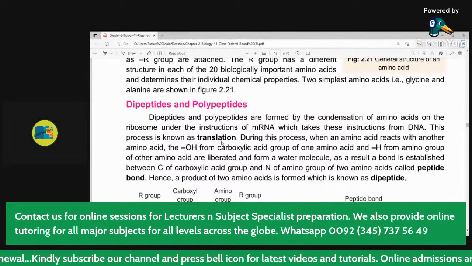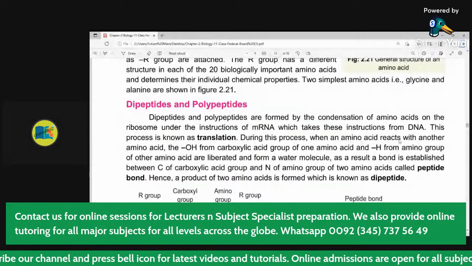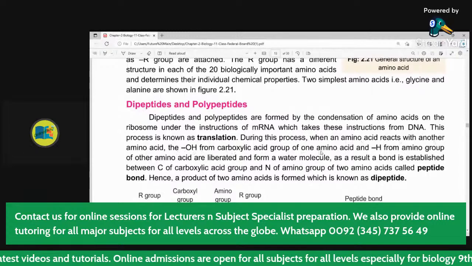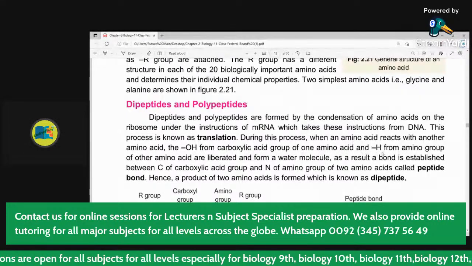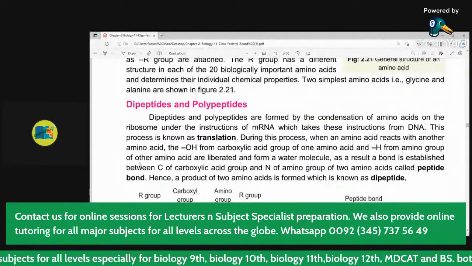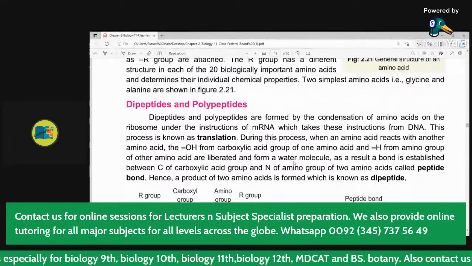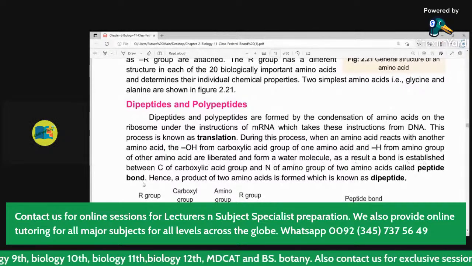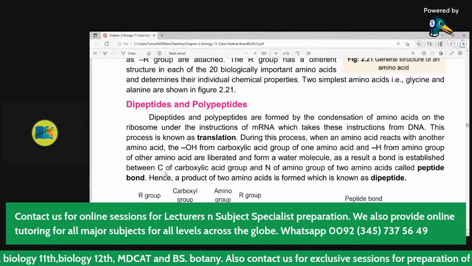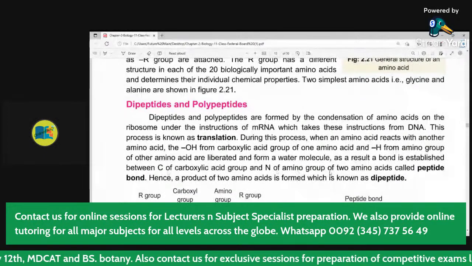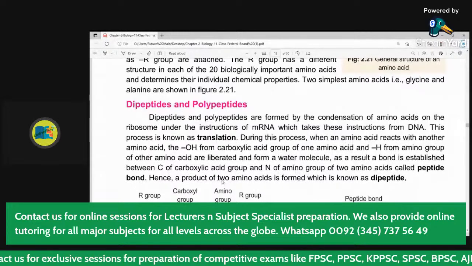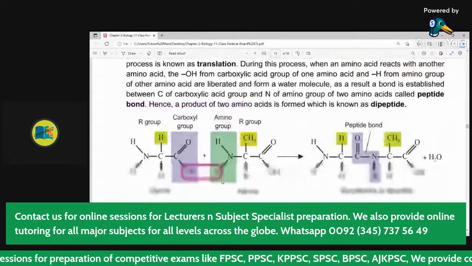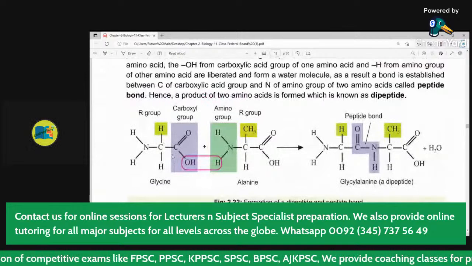During this process, when an amino acid reacts with another amino acid, the hydroxyl group from the carboxylic acid group of one amino acid and a hydrogen atom from the amino group of the other amino acid are liberated and form a water molecule. We can see this is glycine, this is alanine.